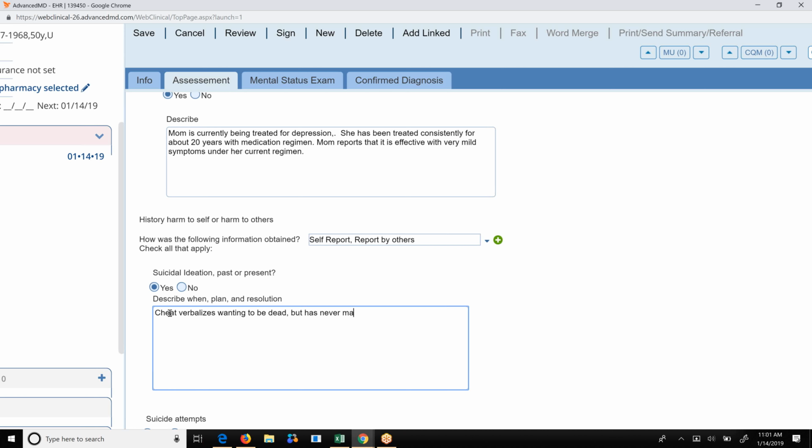When was the most recent ideation? Or if they state that they have attempted suicide 5 times in the past, well, how old were they when they started, and how long ago was the most recent attempt? This is significant as it relates to, of course, intervention and treatment.